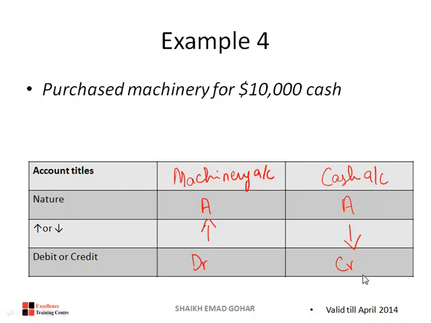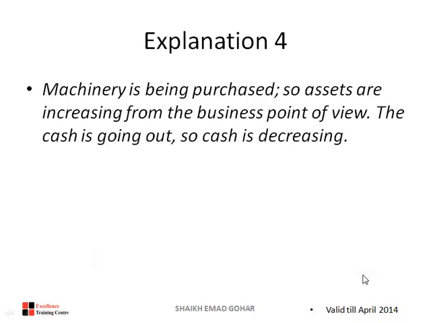So like that we have written DR and CR. It is not like we are extracting CR from credit, no. It is credit to register, debit to register, so R means register. You can write like this as well in your workings. No need to write full debit, credit again and again. Nickname. Next. Machinery is being purchased. Assets are increasing from the business point of view, cash is going out, so cash is decreasing.